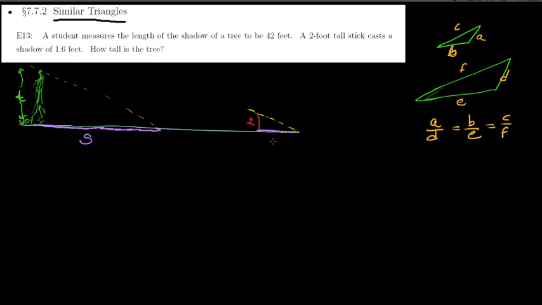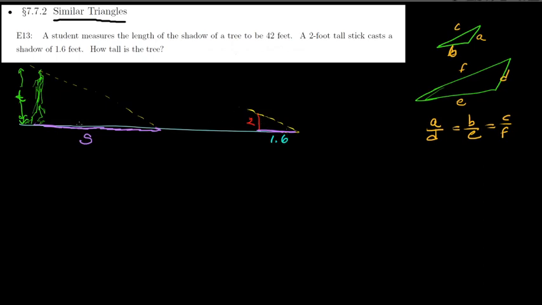This is the shadow of the stick, and it is 1.6 feet. The stick is 2 feet tall. Obviously, this is not to scale, since it's further along in the day, but regardless, the scale doesn't matter.